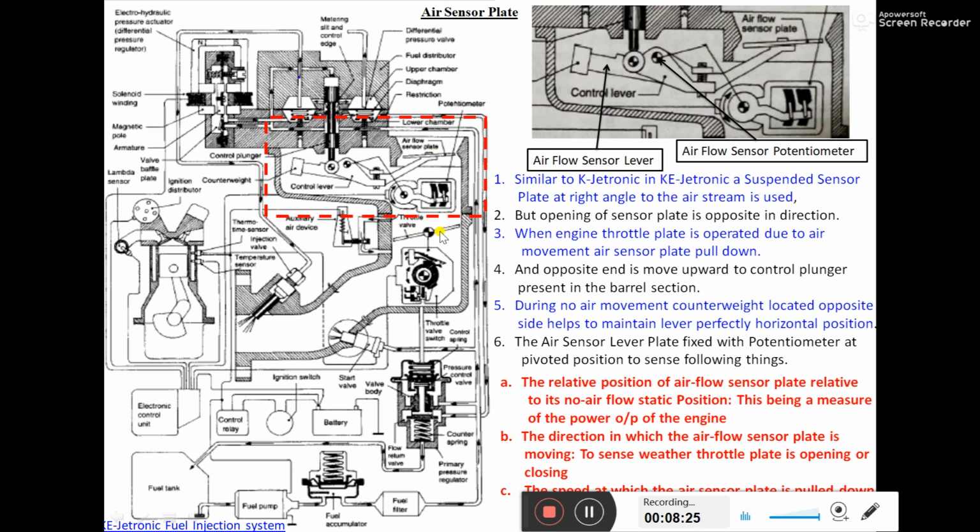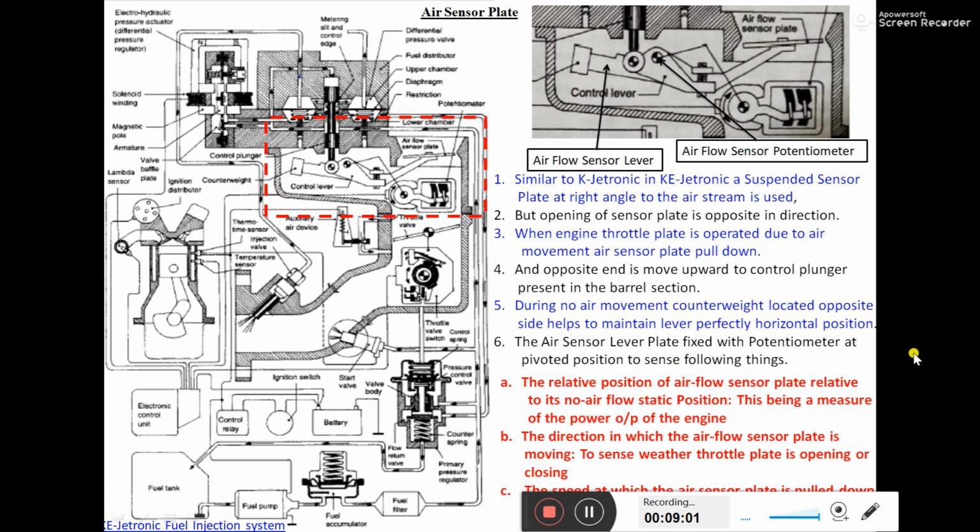As the throttle plate is controlled by the driver, it can be operated at any range; it can open 90% or 70%. With respect to the 70% opening of the throttle valve, the air sensor plate is expected to open that much percentage only. Whether it is opening to that percent or not is monitored by this potentiometer. So these three things it monitors and responds to the ECU.